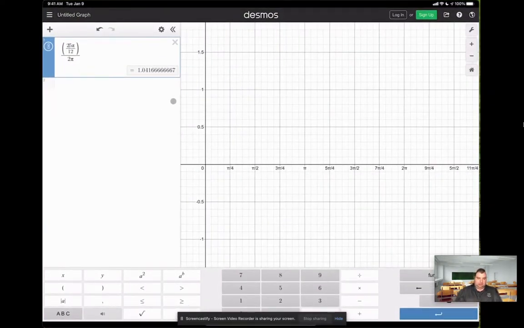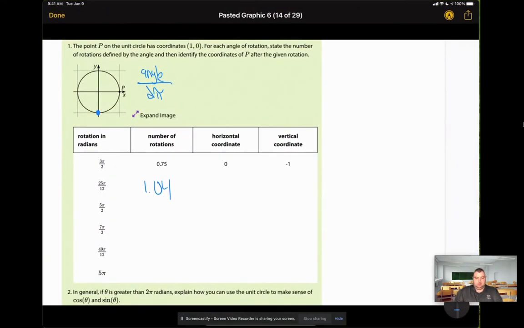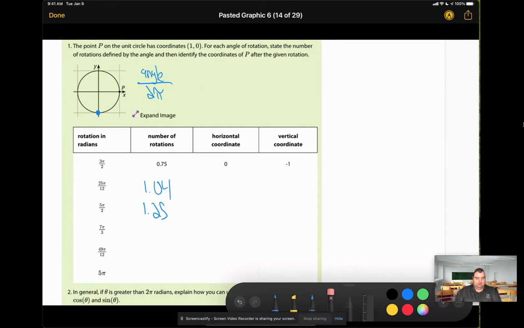So we're going to change this to 5 pi over 2. So that's 1.25 rotations. Okay, so what that means, that's 1.25.